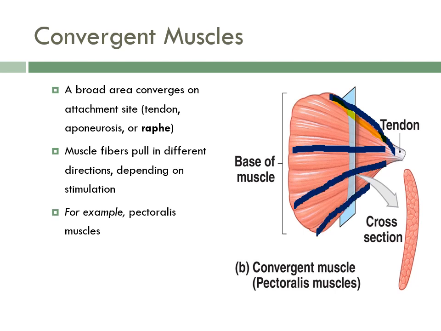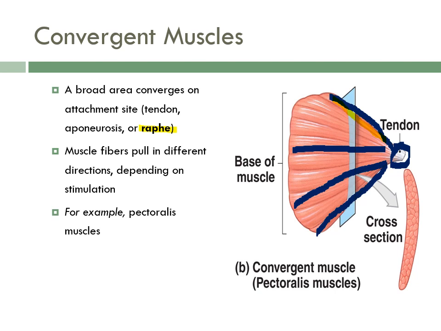So you have all these individual fascicles, but they're all converging upon the tendon. They can converge on a tendon, on an aponeurosis, which if you remember is a sheet-like tendon, or on a raphe. That's a new word for us, a raphe, which is a ridge or a seam in a muscle or an organ.